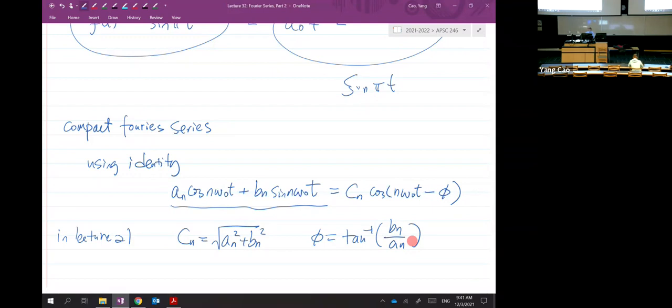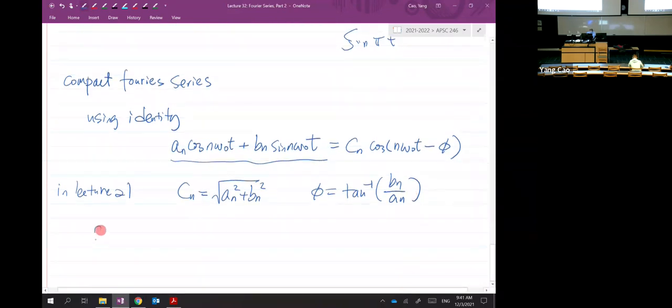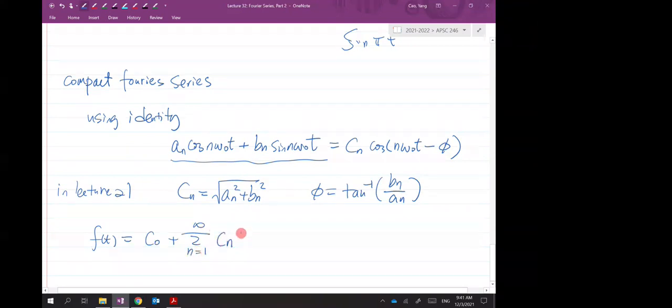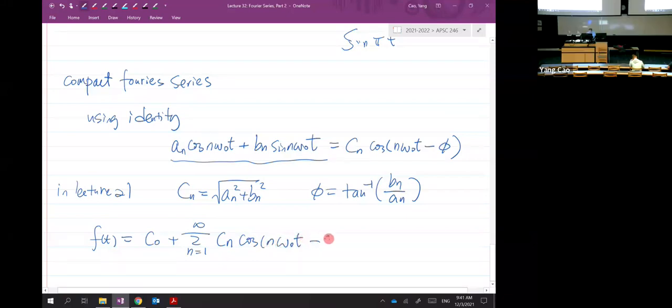Okay. So then your f of t can be written as C naught plus the summation from n equals 1 to infinity of Cn cosine of n omega naught t minus phi.